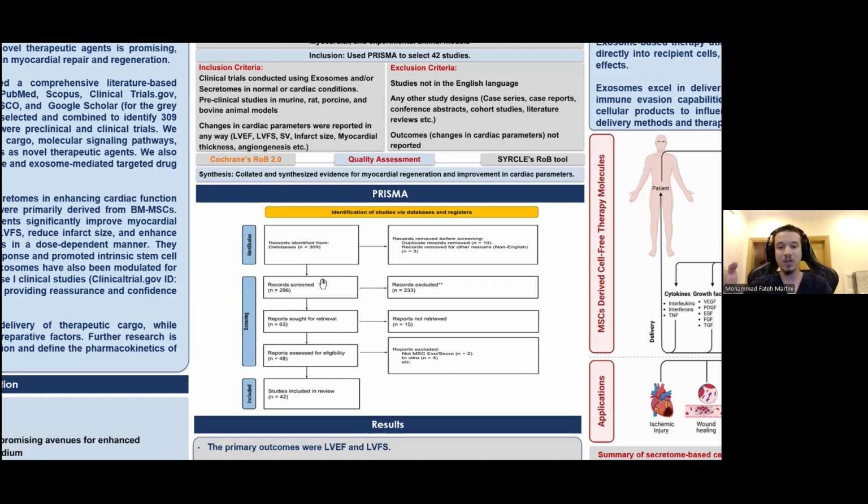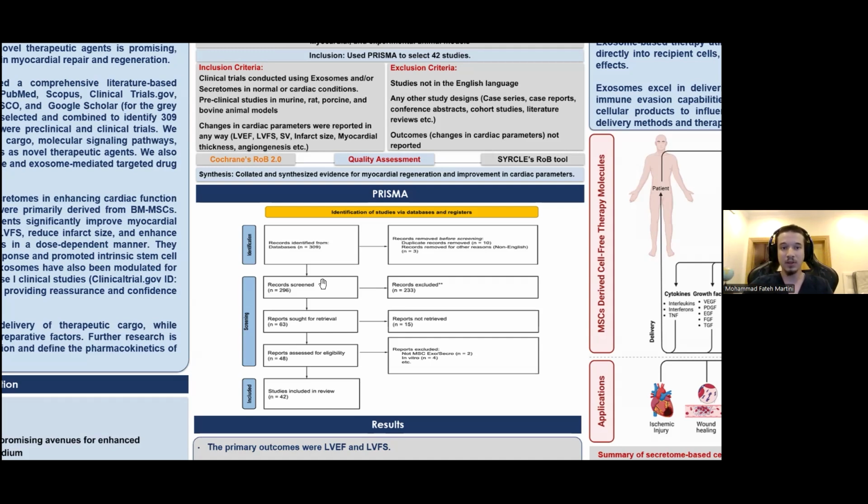We used the SYRCLE risk of bias tool, the Systematic Review Centre for Laboratory Animal Experimentation risk of bias assessment, and we are planning to use Cochrane once we have enough clinical trials to assess.